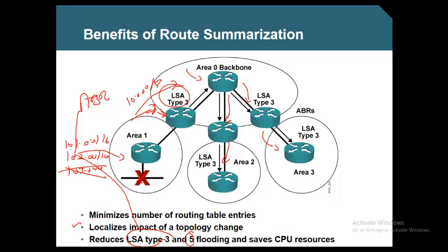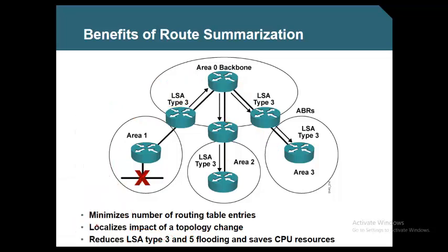In this picture, we don't have an ASBR. Type 5 LSAs and type 3 LSAs can be reduced. Can you do summarization for type 1 and type 2? No. Type 1 and type 2 are local LSAs, we don't do summarization. Only type 3, between areas, and type 5, between autonomous systems.